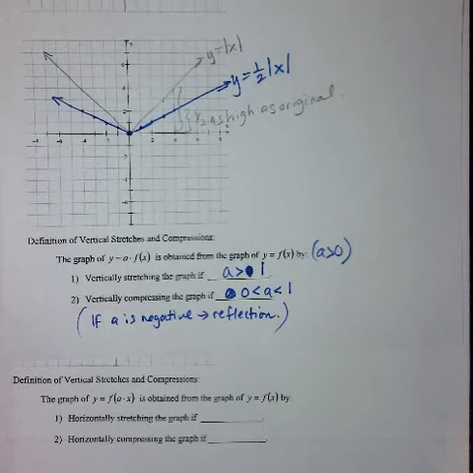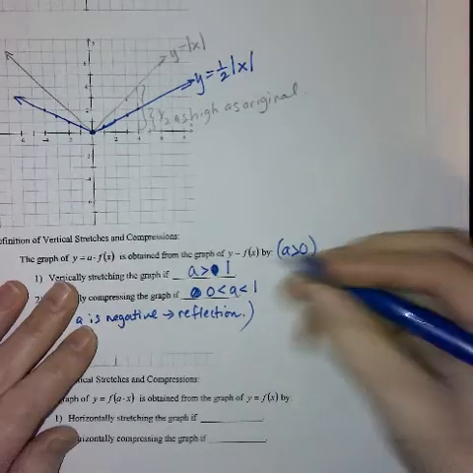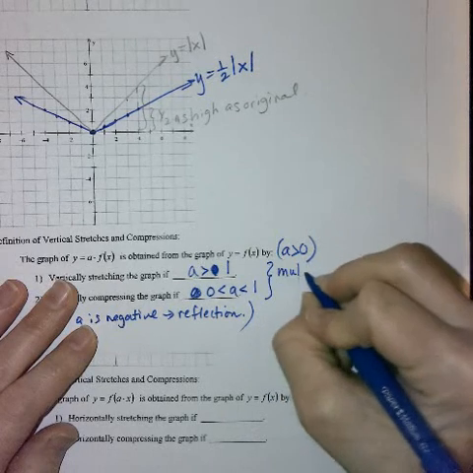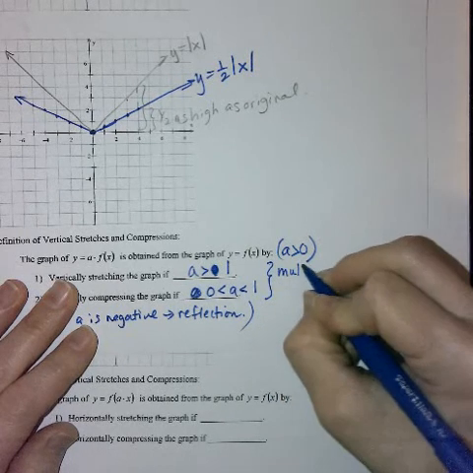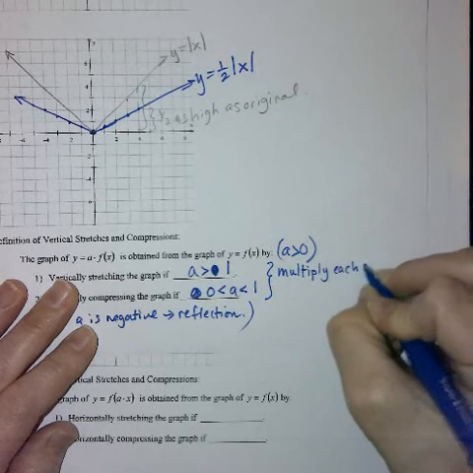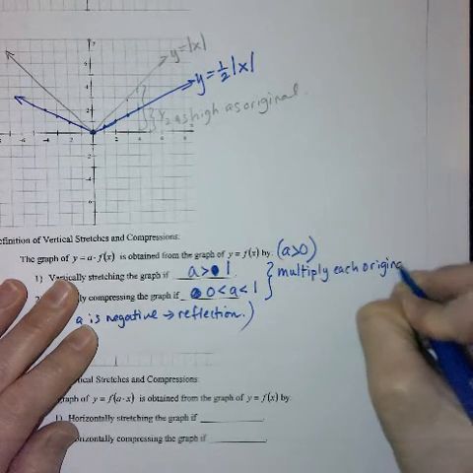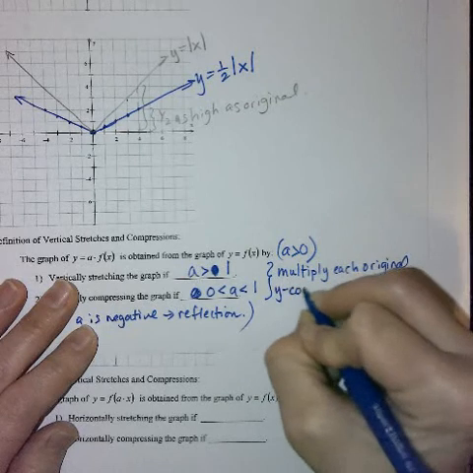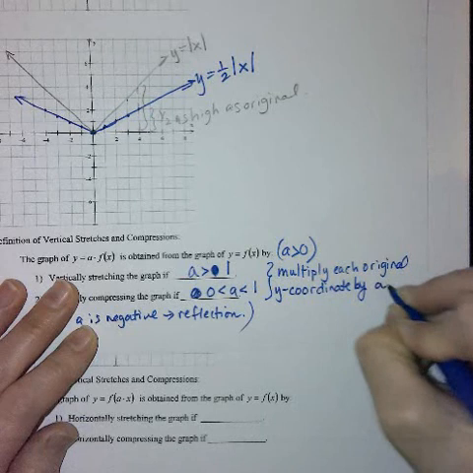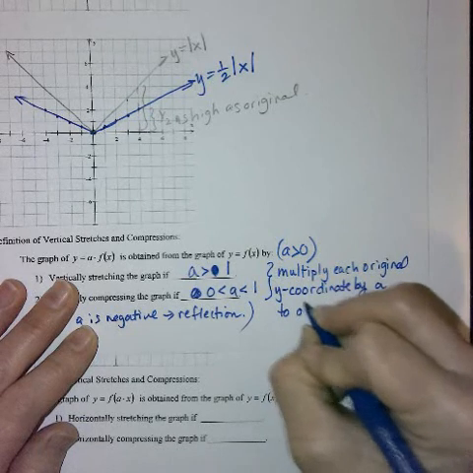It doesn't matter if a is greater than 1 or less than 1. You multiply each original y coordinate by a to obtain the new y coordinate. I'll just abbreviate that. Okay?